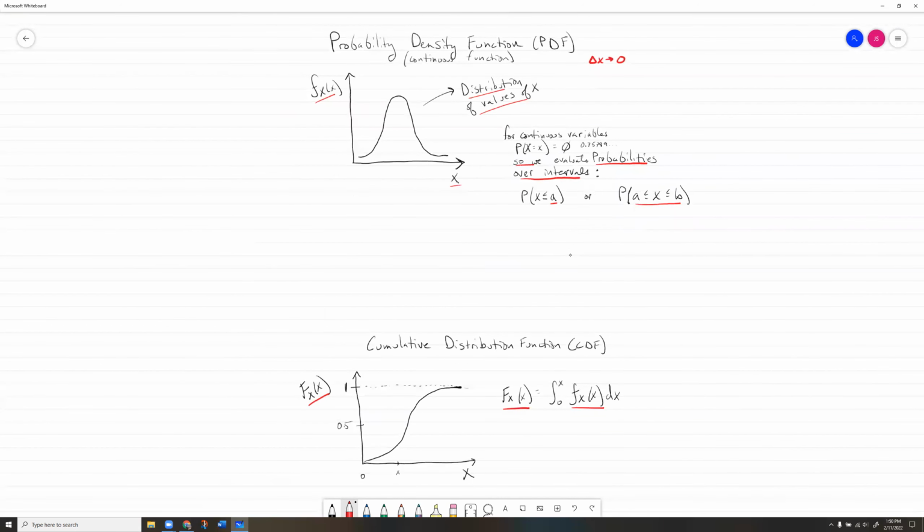What that means is that, say this is 0 up here, and I want to evaluate the probability that x is less than or equal to some value a. Then if this is a, I'm going to integrate this curve up to that value, which then gives me the area.